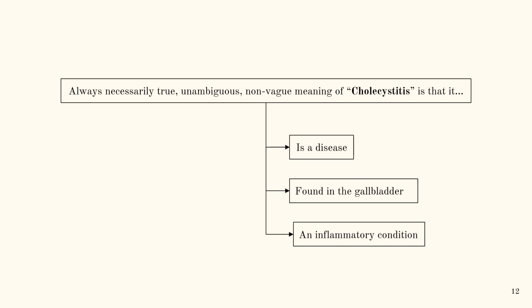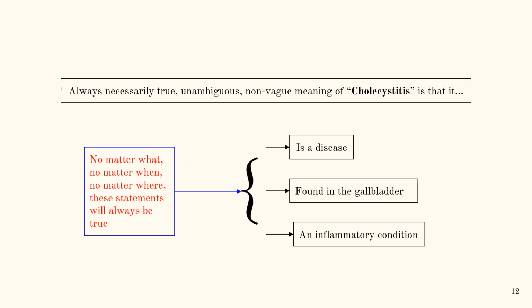Now, all of you who are familiar with medical terms would know that any term ending with the suffix itis denotes that that particular term is an inflammatory condition. And no matter what, no matter when, no matter where, these statements will always be true, without exception. Cholecystitis will always mean these three sentences.